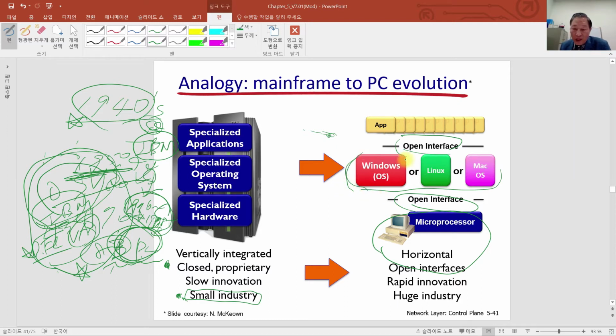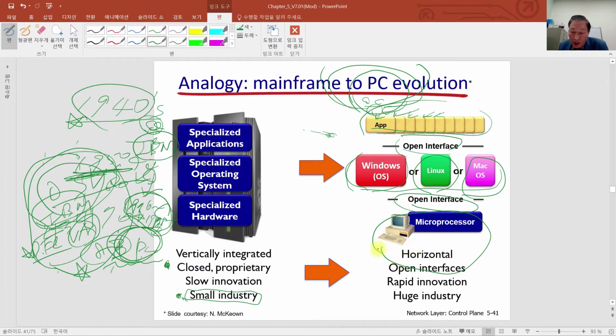For example, Windows operating system, Linux, Mac operating system, or Unix, and different application vendors providing software, and each one will grow in the market rapidly because each one is taking a big pie, and also the pie itself is growing rapidly. That's the main advantage of this scheme, open architecture based on open standards.